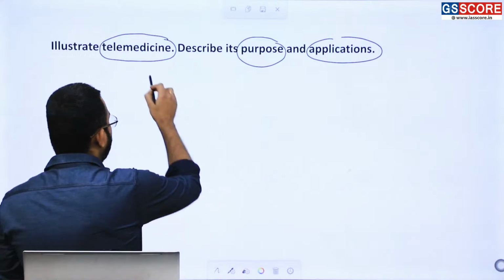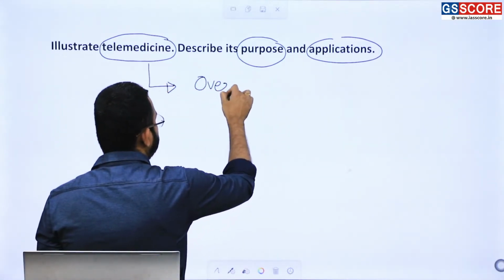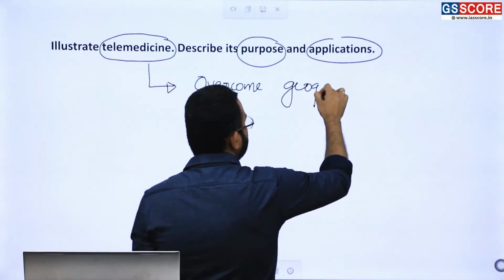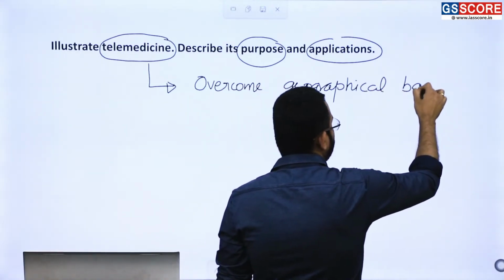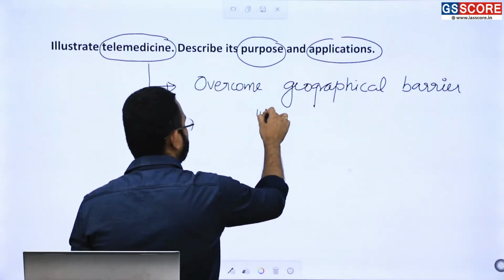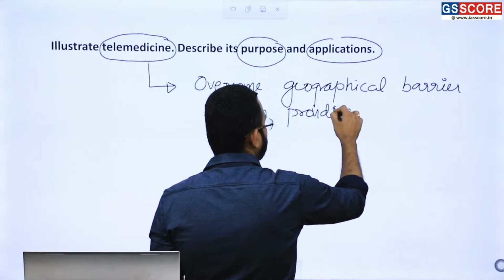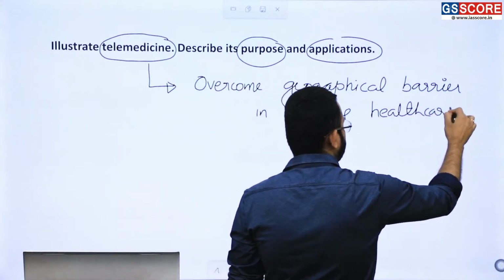So the core idea of telemedicine is to overcome geographical barriers in providing healthcare facilities.